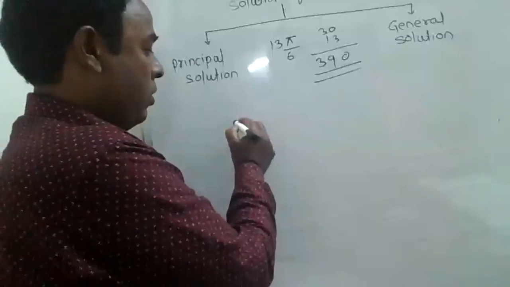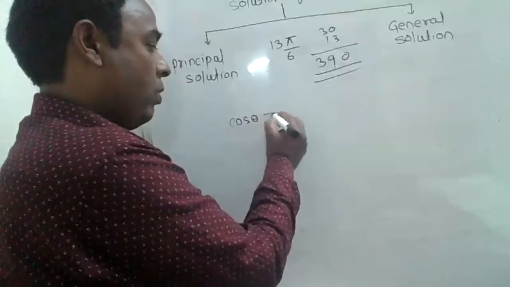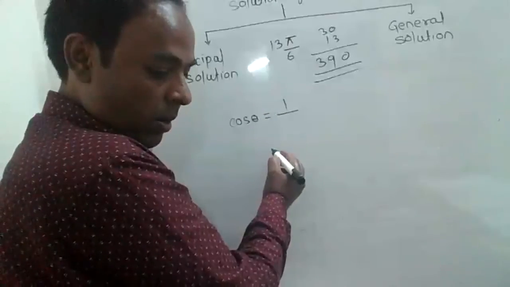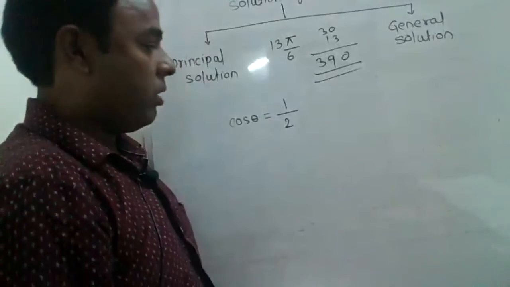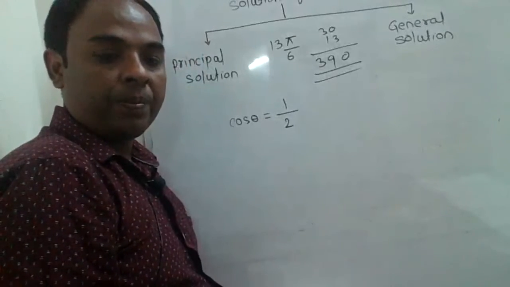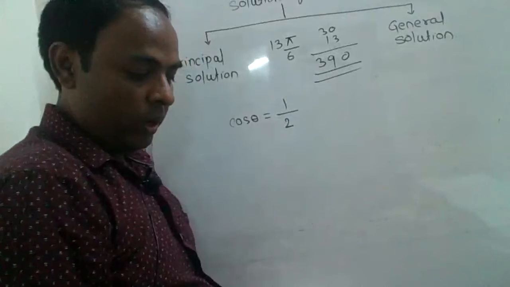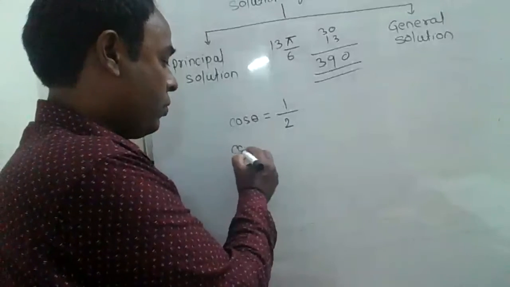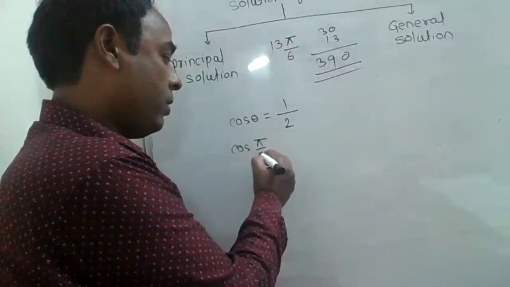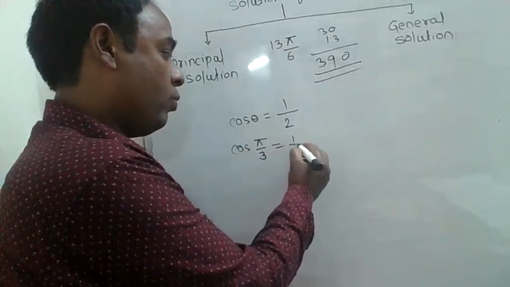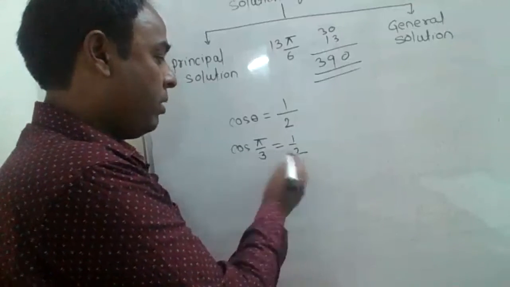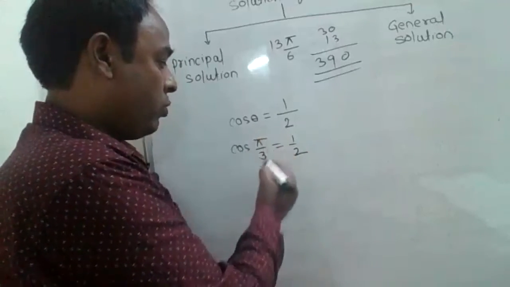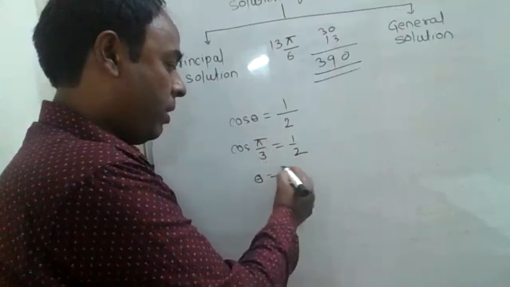Now suppose cos theta equal to 1/2. ठीक है ना? So let us check. Cos of pi by 3 is equal to 1/2. So cos of pi by 3 किती होतं मित्र? 1/2. So what is the value for theta? Pi by 3.